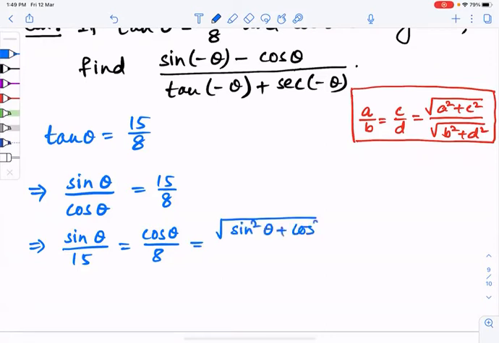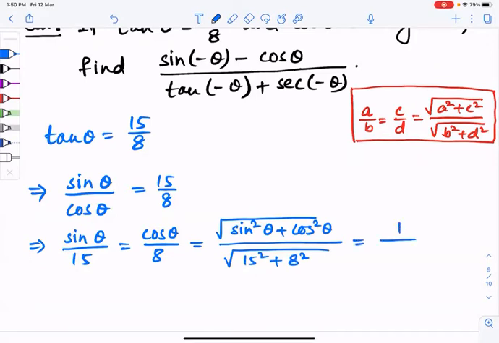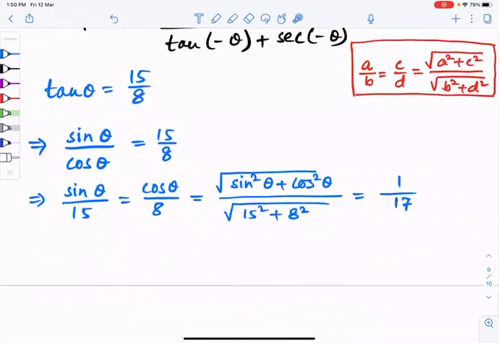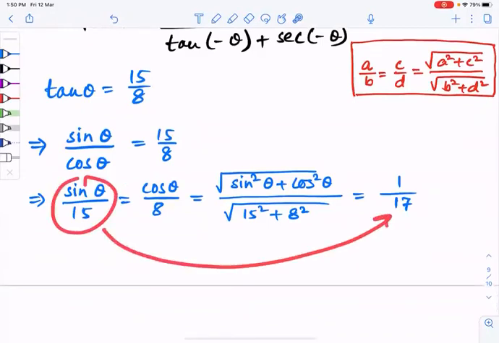plus cos square theta divided by root over 15 square plus 8 square, which will become 1 by, 15 square is 225, 8 square is 64. If I add, I will get 289, root over that, so 17. Now I can compare this one with this.